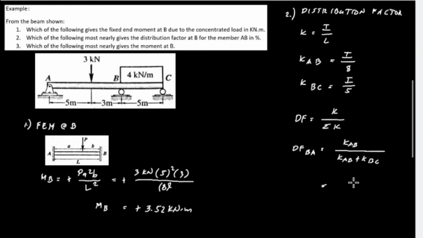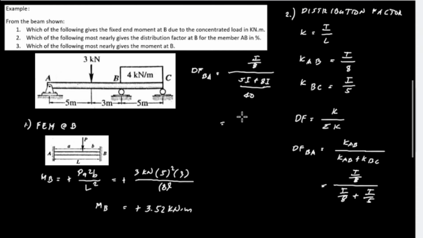We substitute K of AB, which is I over 8, divided by K of AB, I over 8, plus K of BC, which is I over 5. The least common denominator is 8 times 5, or 40, so this becomes 5I plus 8I.